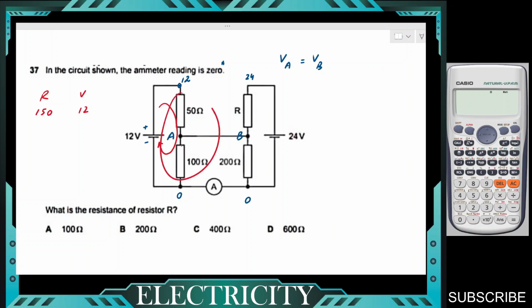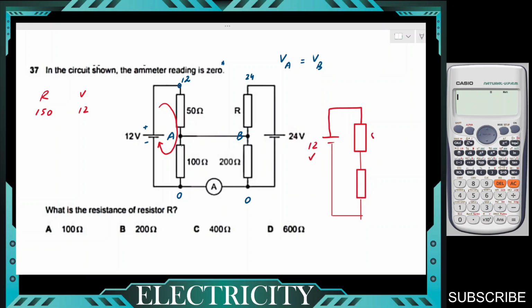Okay, so collectively these two would have been provided with 12 volts. You can just break it down into something like this. The circuit on the left side. Something like this. So this one is 12 volts, this one is 50 ohm, and this one is 100 ohm. And you need to find the voltage across this point.